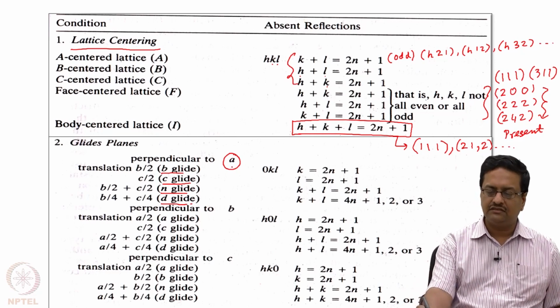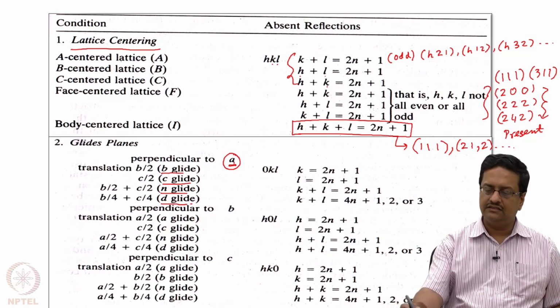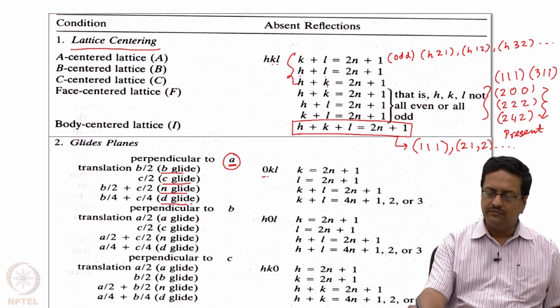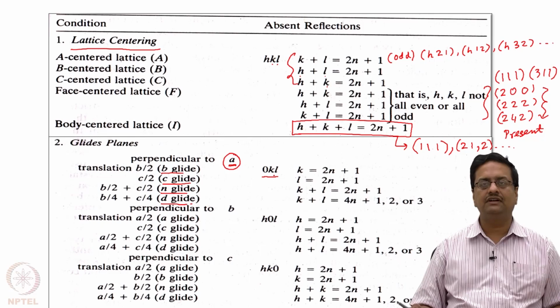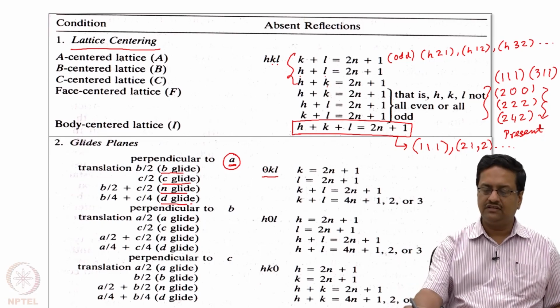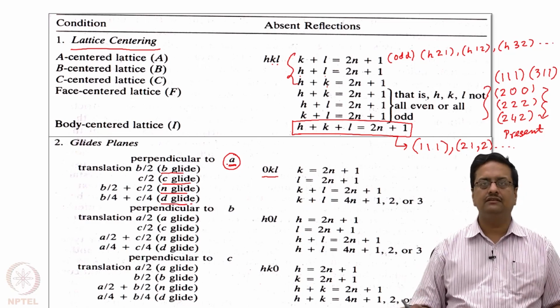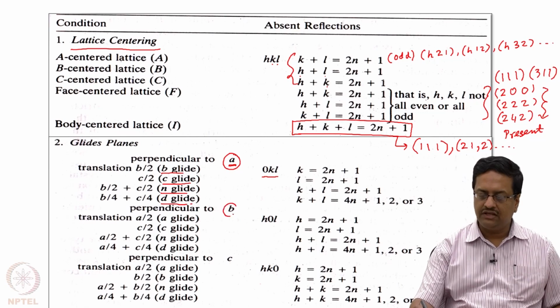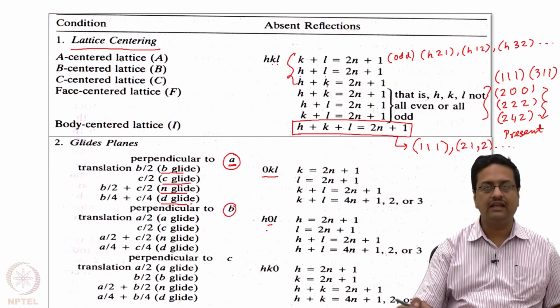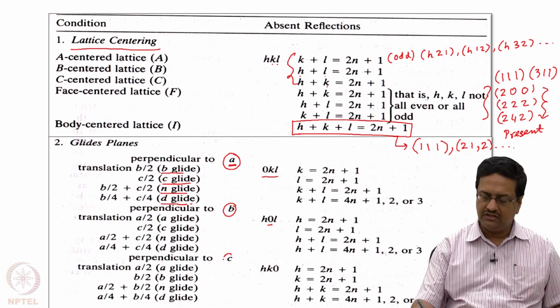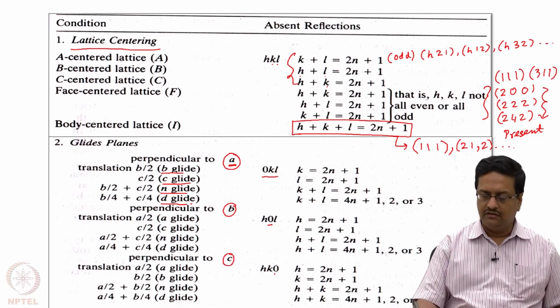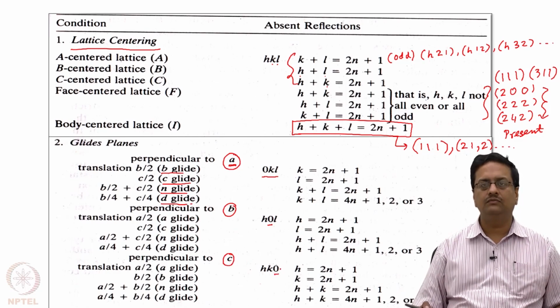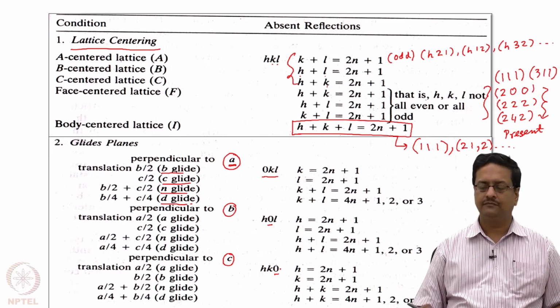When it is perpendicular to A, the Miller indices for the planes which may suffer systematic absence are 0KL. So this 0 comes when it is perpendicular to A. When it is perpendicular to B, K is 0, and when it is perpendicular to C, the L index is 0.